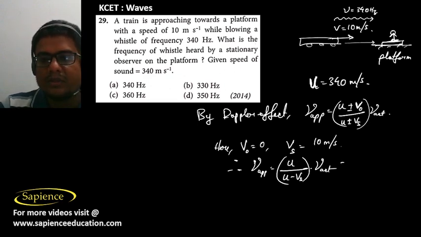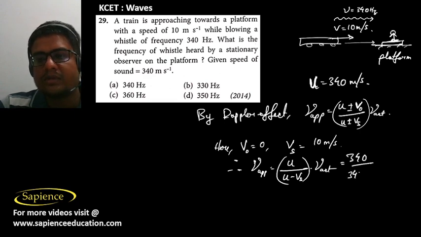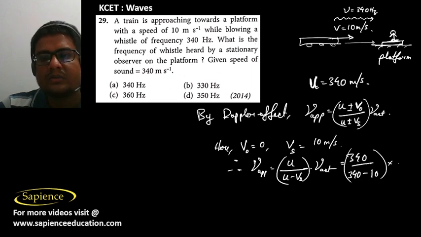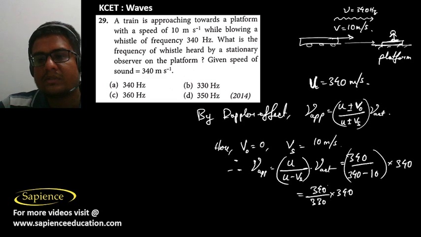So that will be equal to u is 340 divided by 340 minus vs, that is 10, into the actual frequency, that is 340 hertz. So this will be equal to 340 divided by 330 into 340.